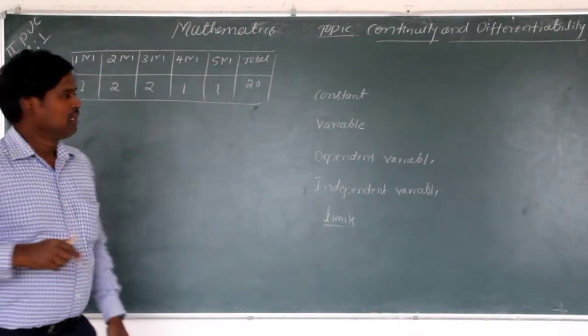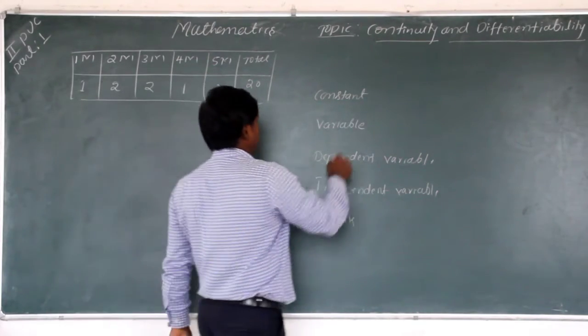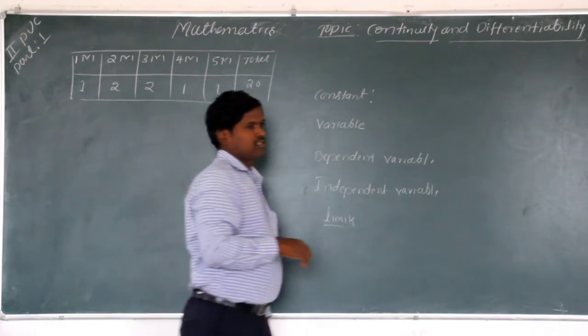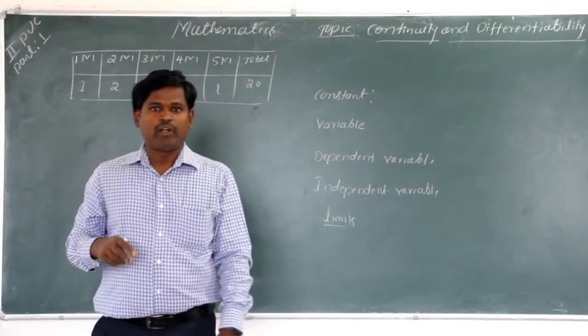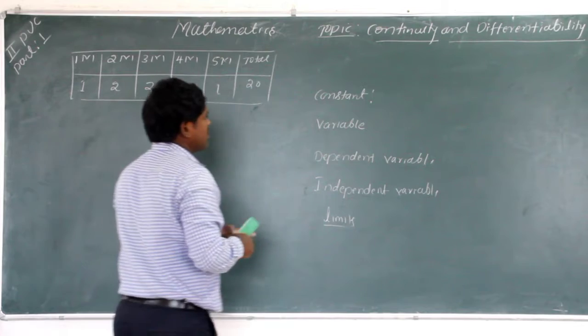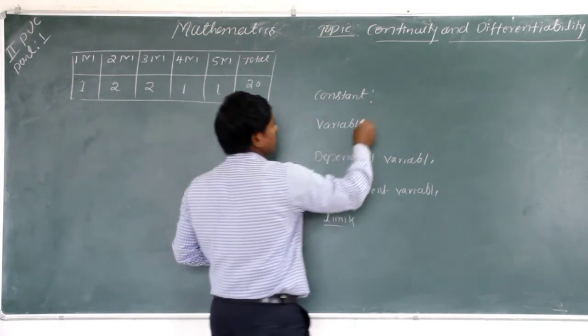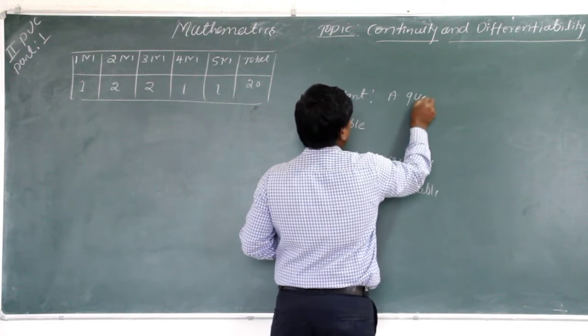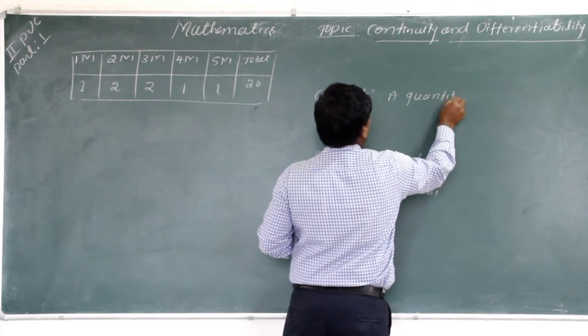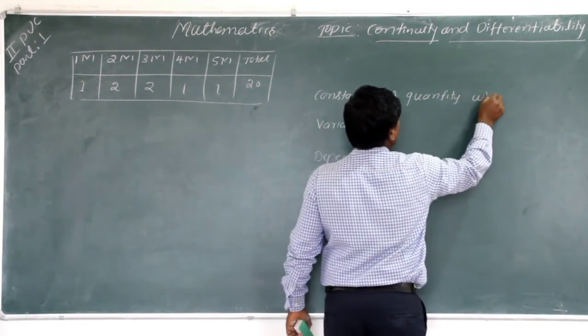You know these from the first quiz also. So what is a constant? A constant is nothing but a quantity which remains the same during a set of mathematical operations.